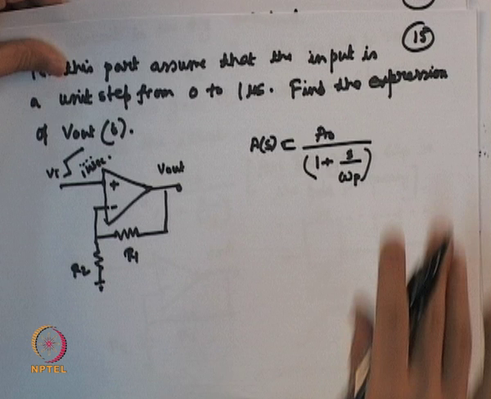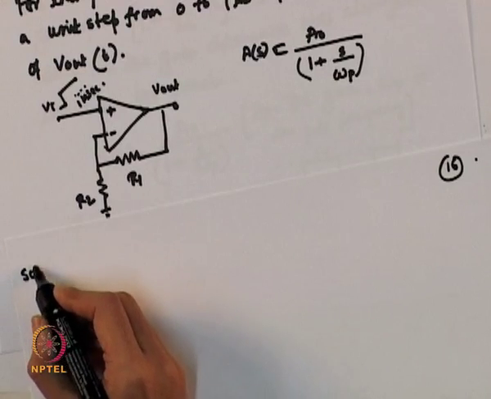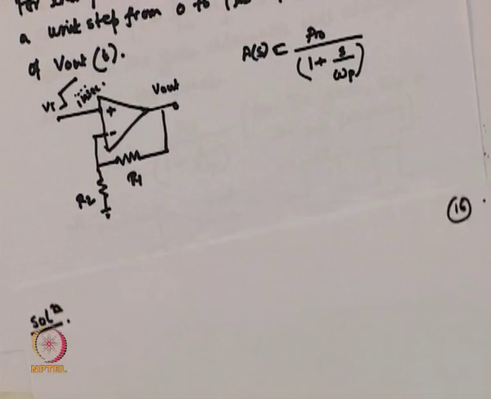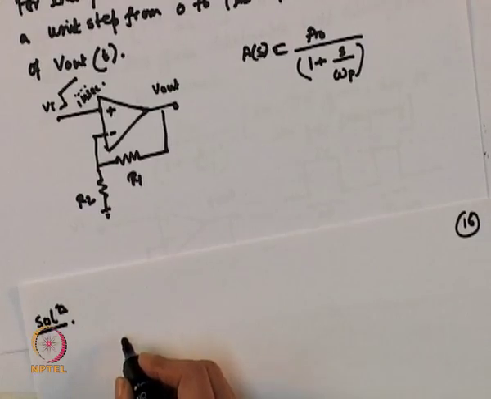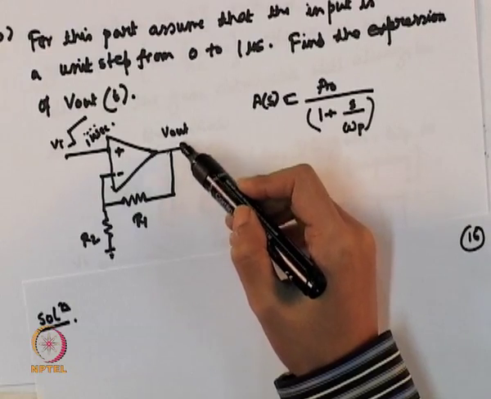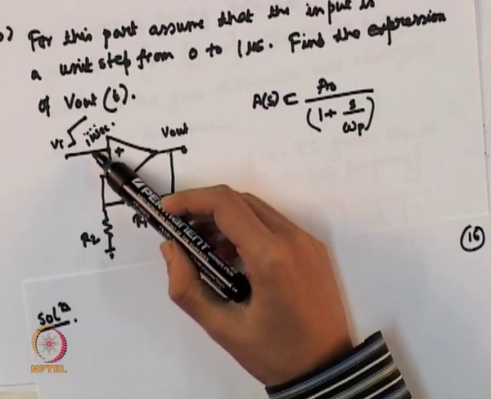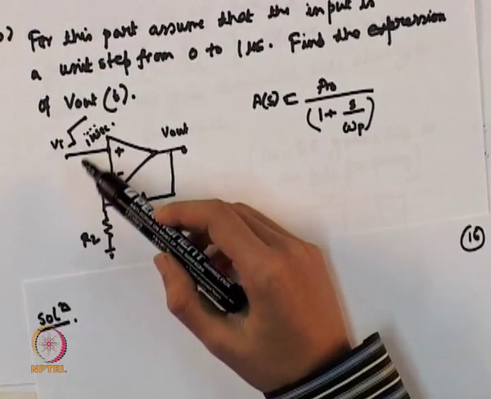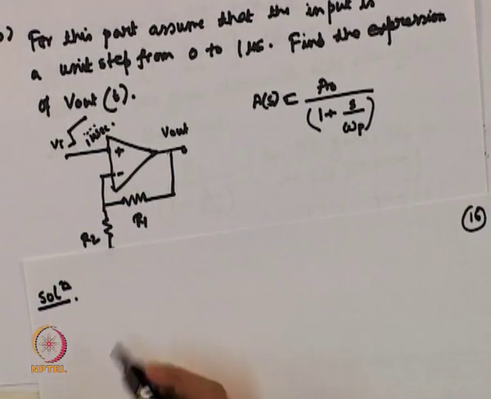So, what will be its solution? We have to find the expression in time domain at the output when the excitation is a unit step and the step is varying from 0 to 1 microsecond.